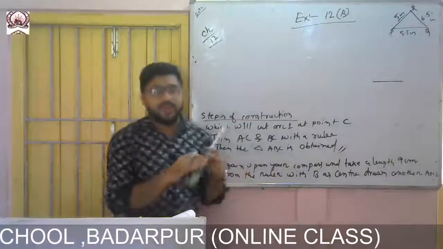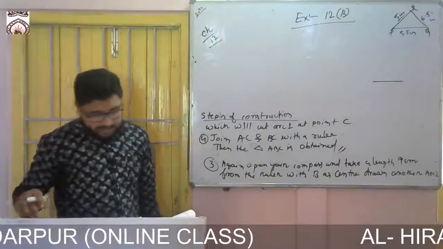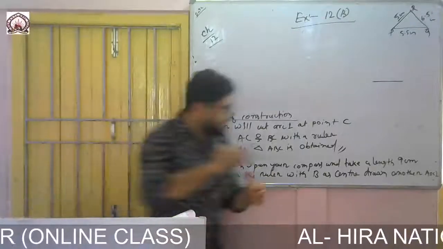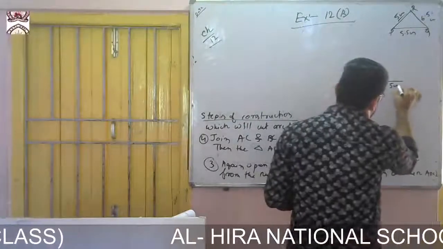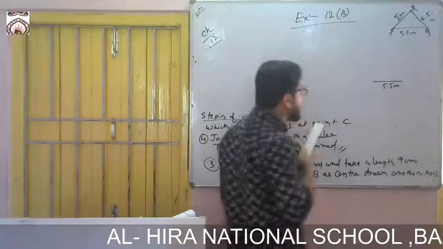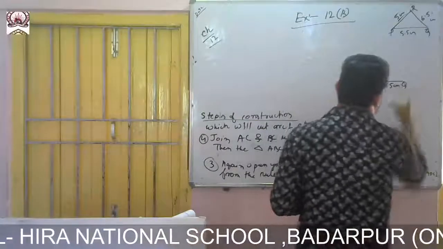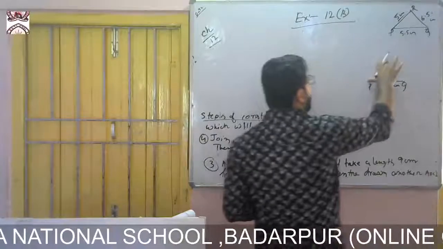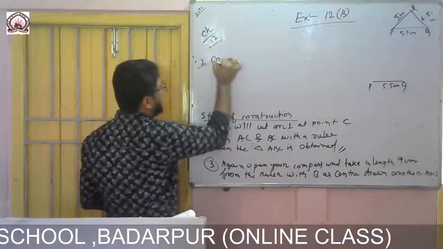So this is 0.5, so 5.5. I have taken this 5.5 centimeter. Now this one is PQ. Now, PR how much is given? You see in question number 2 given, right?